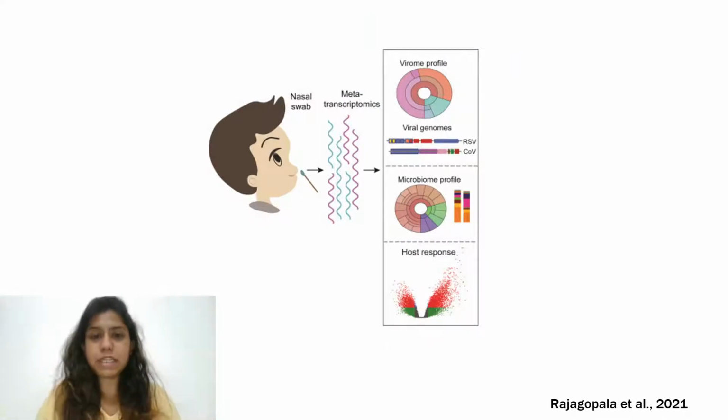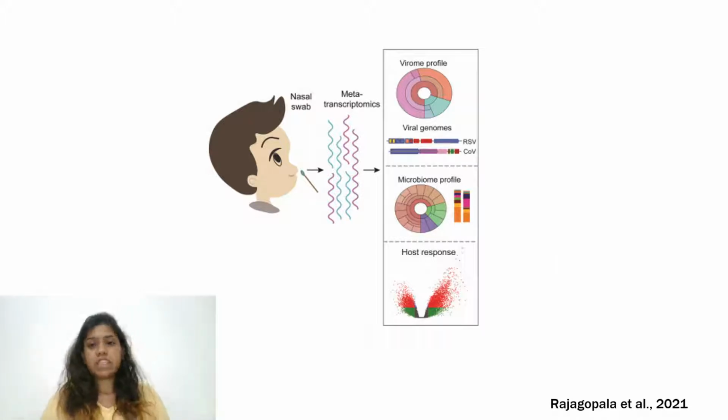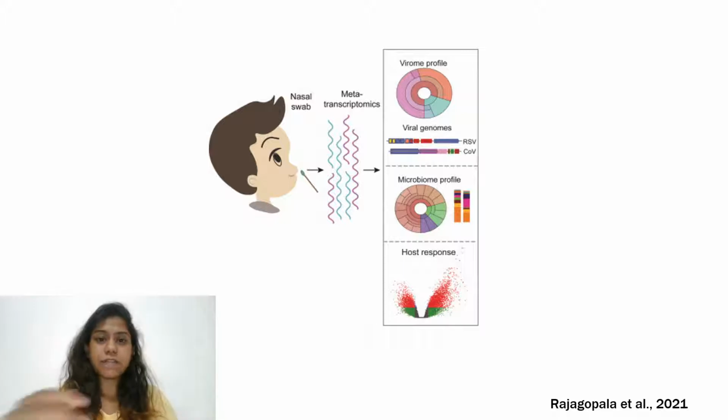metagenomic sequencing works, but the same principle can also be applied for metatranscriptomic sequencing, where instead of genes, we'll be sequencing transcripts. Transcripts are the mRNA transcripts that we get after transcription. mRNA transcripts will give an output of what exactly was being transcribed at a particular time by a microbial cell or so on.